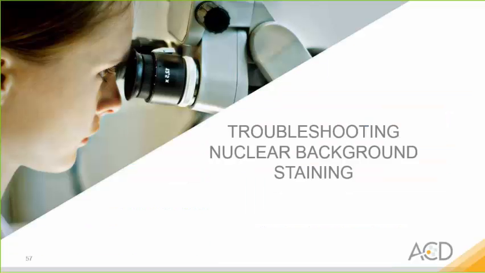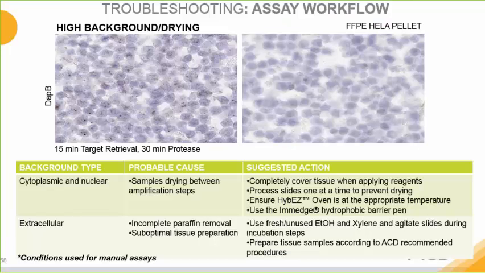Okay. So here's another common problem seen with the assay. We also have common troubleshooting issues with the assay flow steps. So the main causes are using the wrong barrier pen, not using a HybEZ oven, or incomplete deparaffinization.